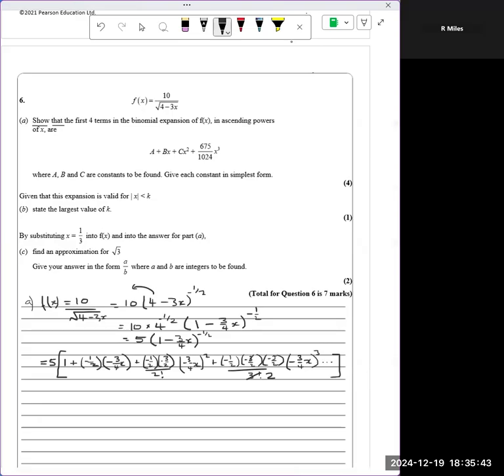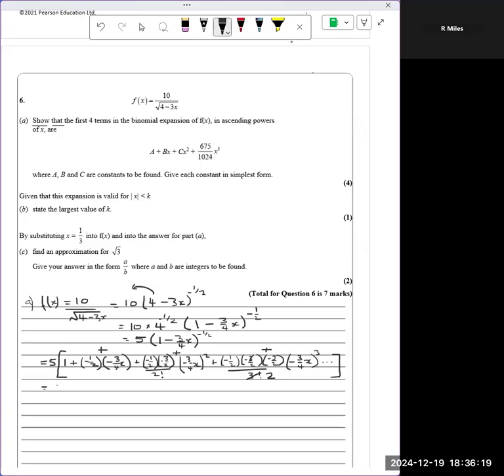The other thing that I do like to do is to sort out the signs, positive and negative, because then I can forget about them when I do the calculation. So I've got negative times negative, which is plus. Here I've got negative, negative, negative, negative, which is also plus. And here I've got 1, 2, 3, 4, 5, 6 negatives all multiplied together, which is also plus. So having established that they're all going to be positive terms, I can now forget all the negative symbols and just concentrate on the numbers.